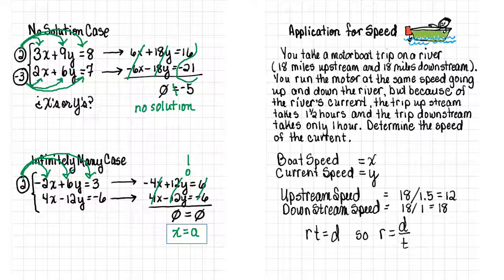To find y, what we have to do is plug this back into either equation, and I'm just going to go with the top one. I'm going to put any number in here, which is an a, plus the 6y equals 3. The whole thing is we have to get the y by itself. So we have 6y equals negative 2a plus 3.